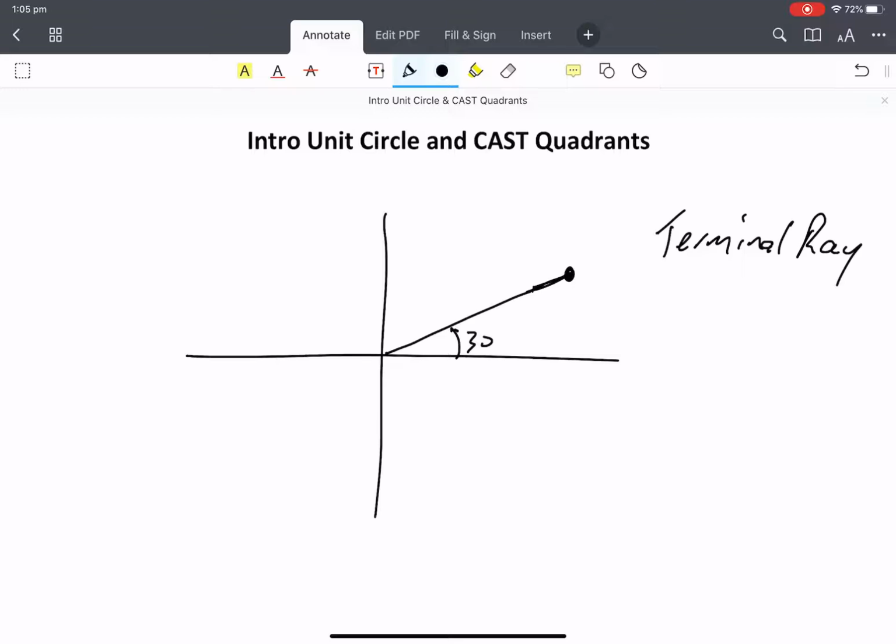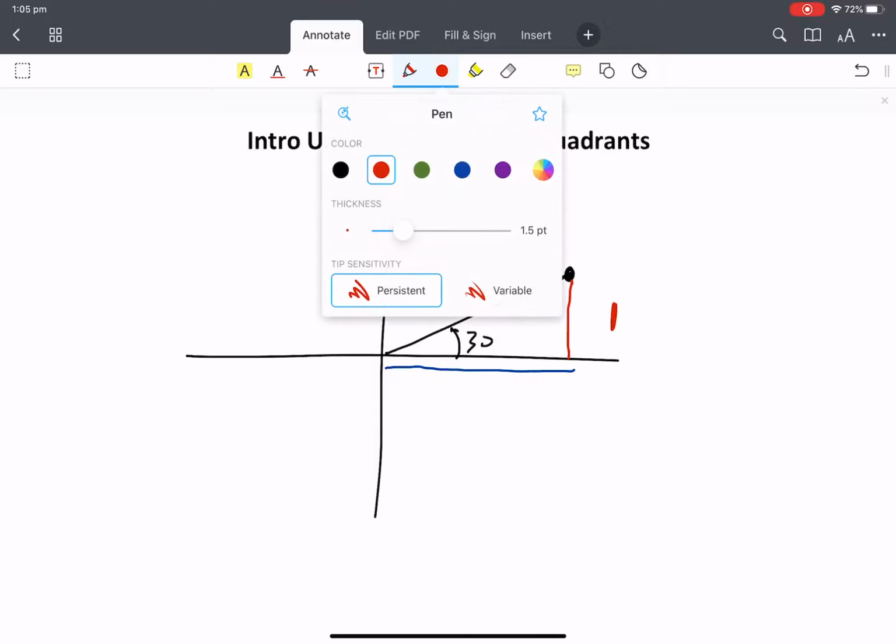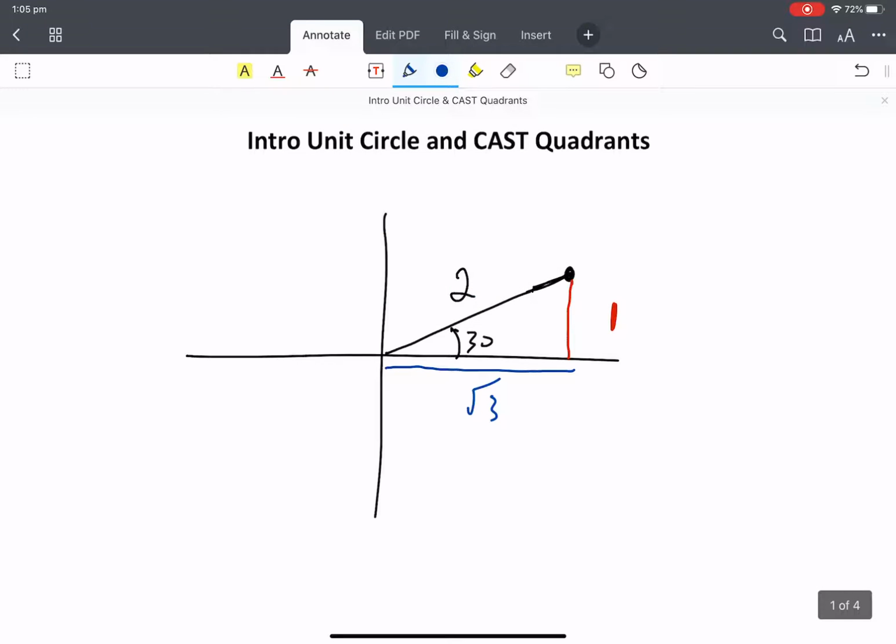Okay, so if I say that my terminal ray has a length of 2, I'm going to draw a blue line there. And how long is my red line? Hopefully you recognise that it's 1. And my blue line is root 3.